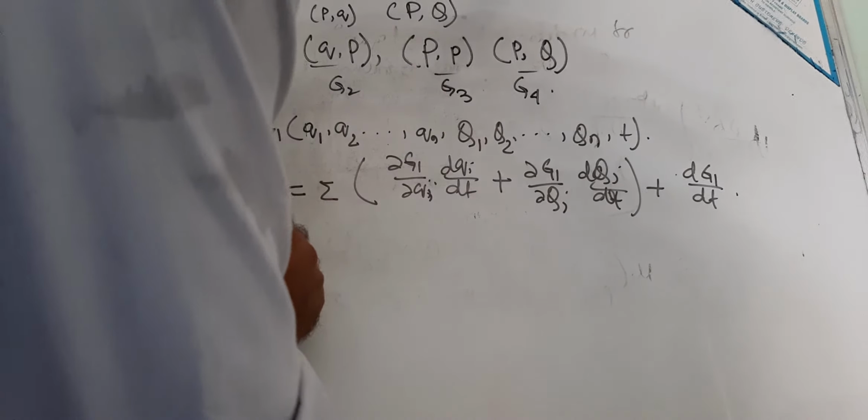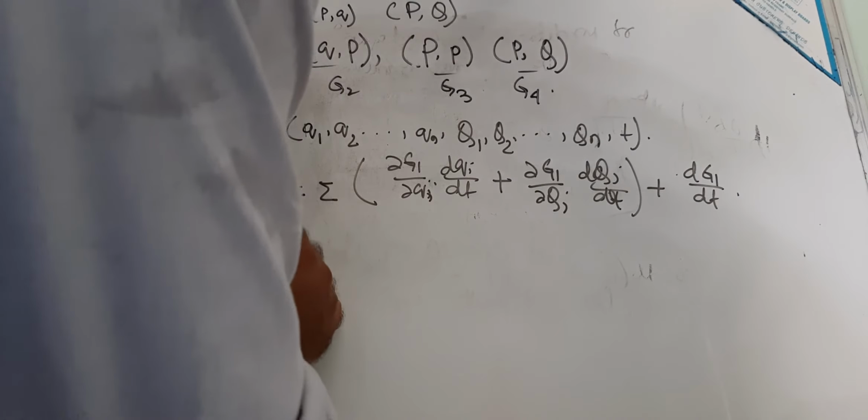But dG1 by dt is also written in this form: summation of pi qi dot minus H, minus summation of capital Pi Qi dot minus H bar.